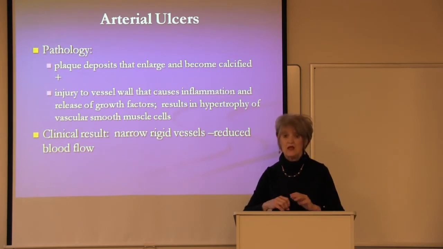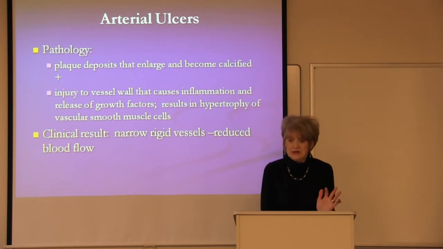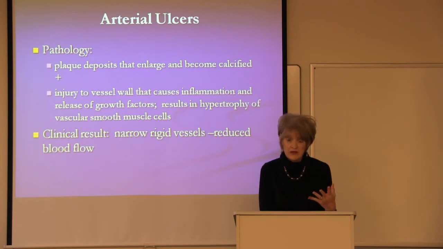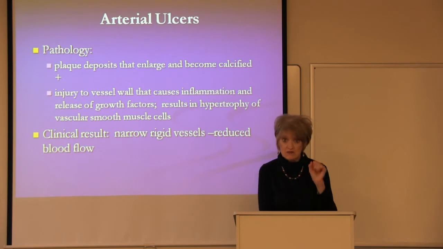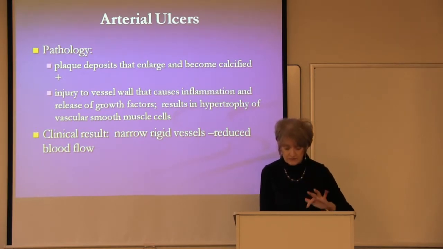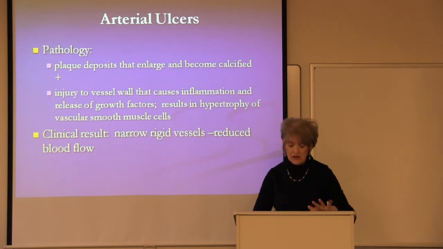Now, the other thing that happens is that most of your patients with lower extremity arterial disease have other factors going on that make them higher risk to form small little clots, emboli, thrombi. This is particularly common if you look at your handout.